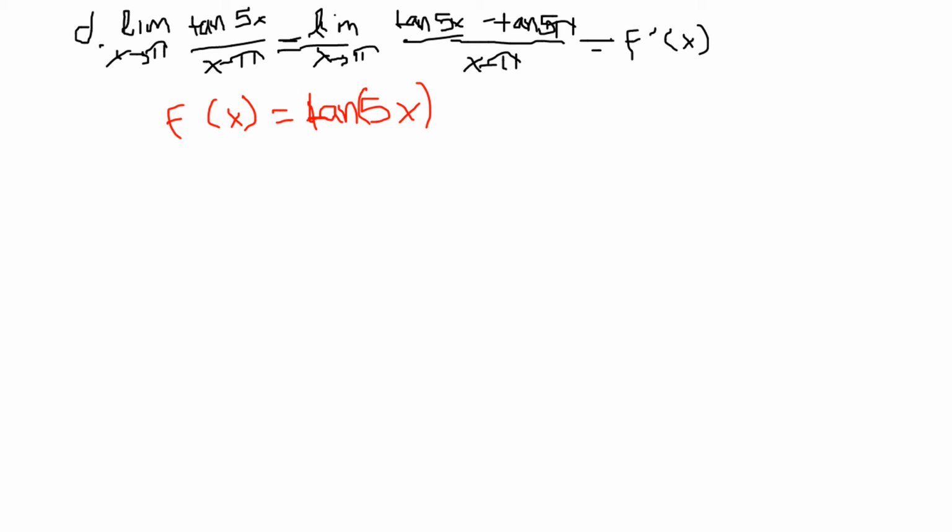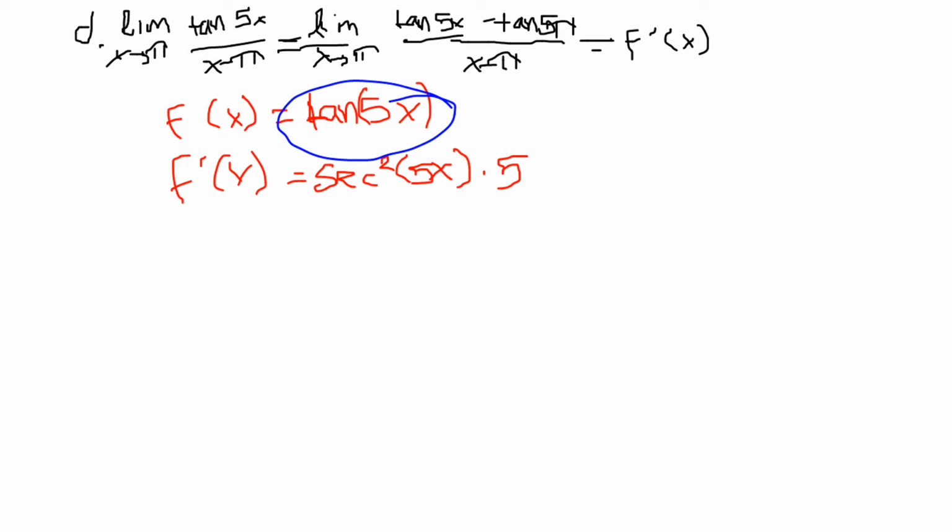So then we know that f prime of x is equal to secant squared 5x times 5, based off of using the trig derivatives and the chain rule, because tan of 5x is a chain, so you have to identify 5x as its own blob.